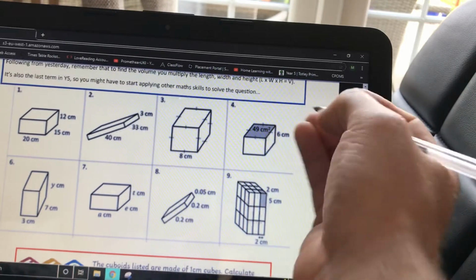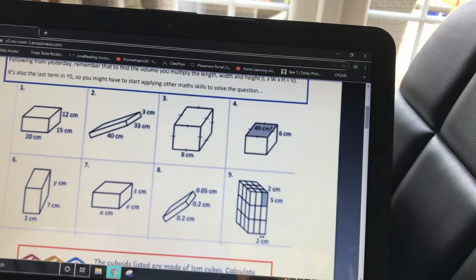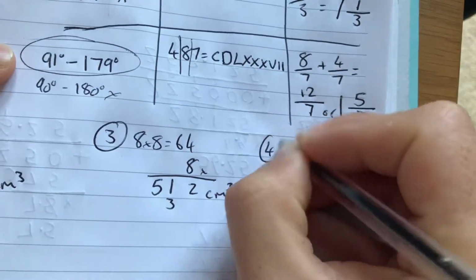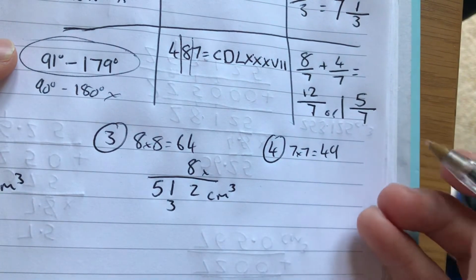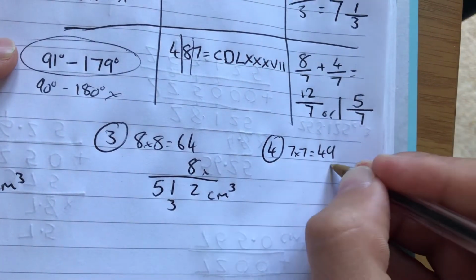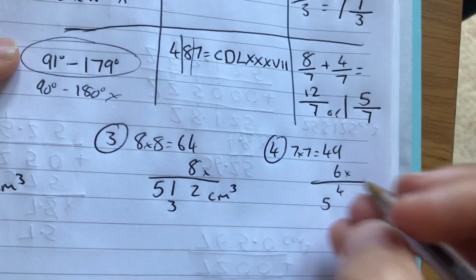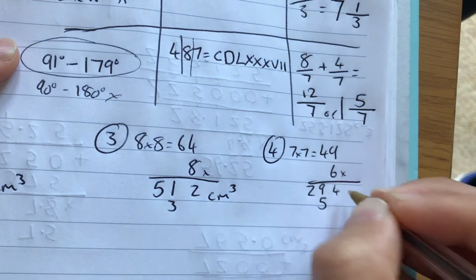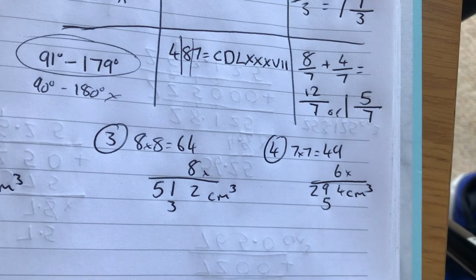So you now know that it's 7 by 7 by 6. So number 4. Well, you already know that 7 times 7 is 49. You've been given that bit. So 49 times 6. 9 times 6 is 54. 6 times 4 is 24. Add 5 is going to be 29. So 294 centimetres cubed. Excellent.